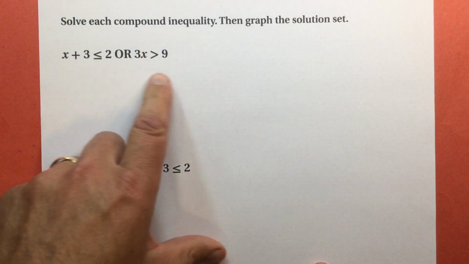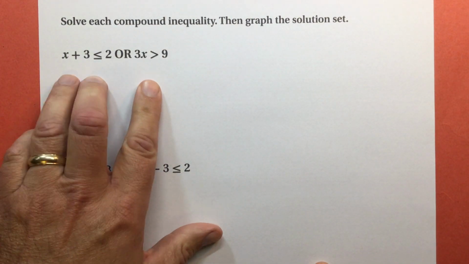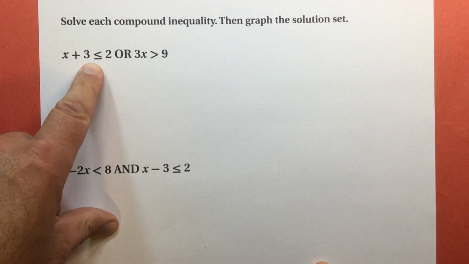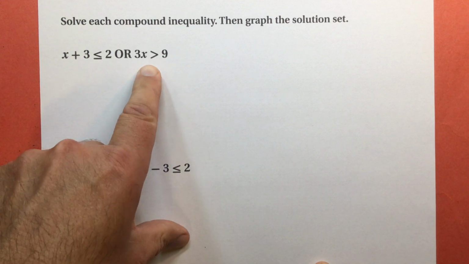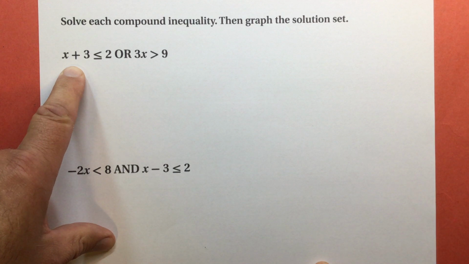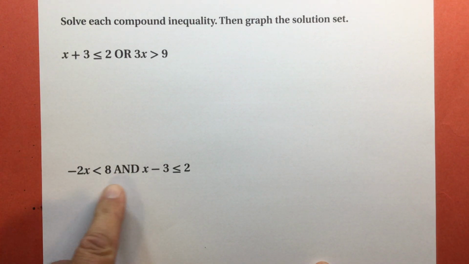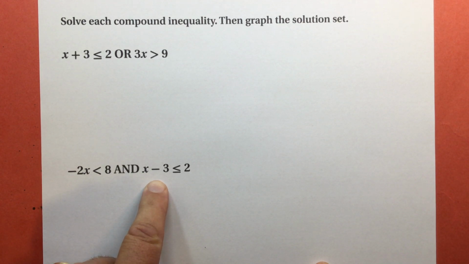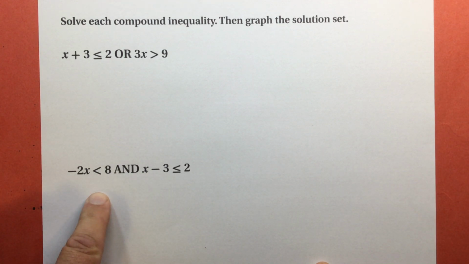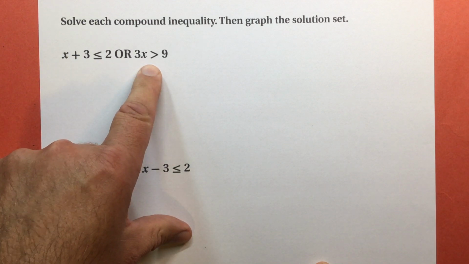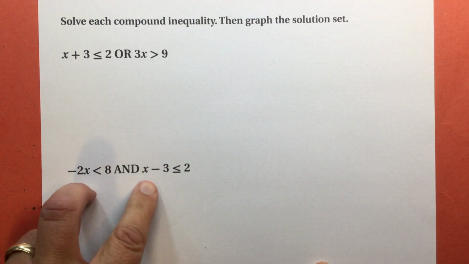So if I'm going to solve this together as a compound inequality, if any x makes this true, it's going to make the entire thing true. And if any x makes this one true, it's going to make the entire thing true. When I get down to the x's that make this true also have to be the x's that make this true to make the whole thing true. So again, it could be this or this, but down here where I use the word and, it has to be both.